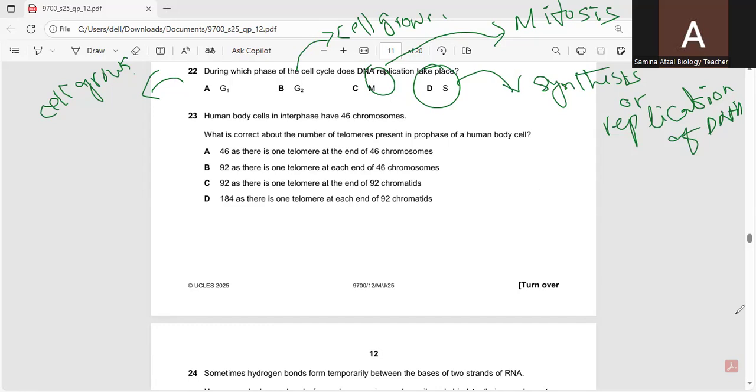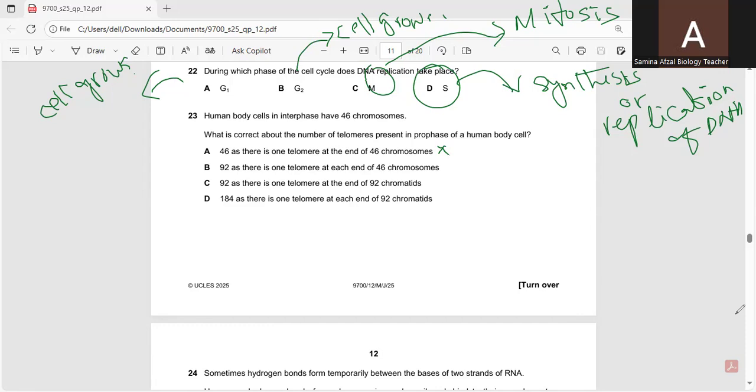So we have to find out which statement is correct. The first says 46, as there is one telomere at the end of the 46 chromosomes. When the cells replicate, according to the replication of DNA, the number will not be 46. So their number will be increased.